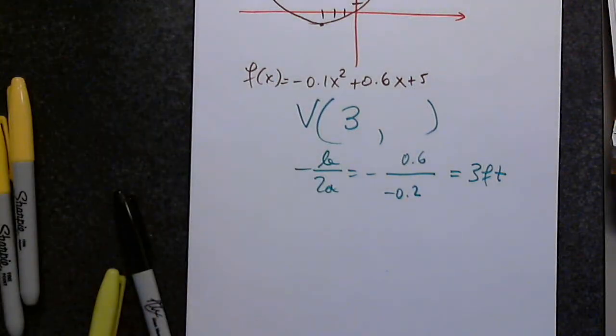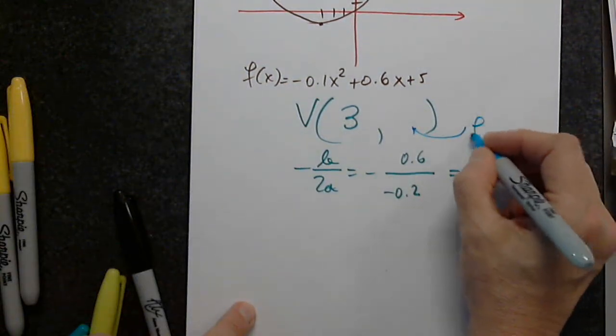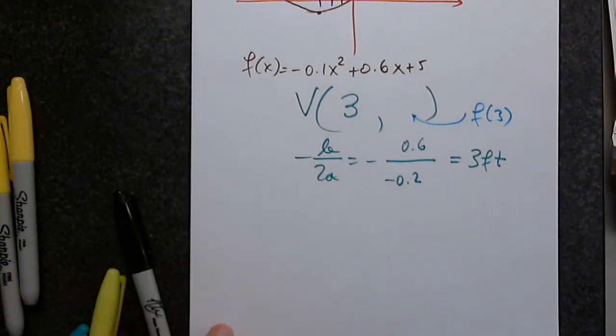So I throw the ball up in the air. 3 feet away from me it will reach its maximum. But now I want to find the maximum height. Exactly. Awesome. That's all I need you to say. This will be f of 3, correct?